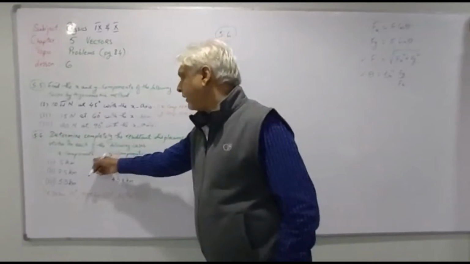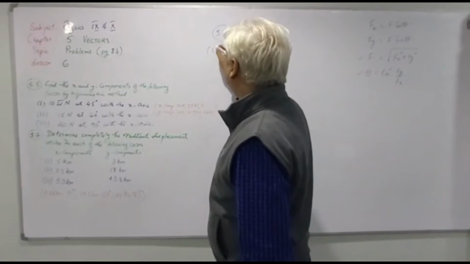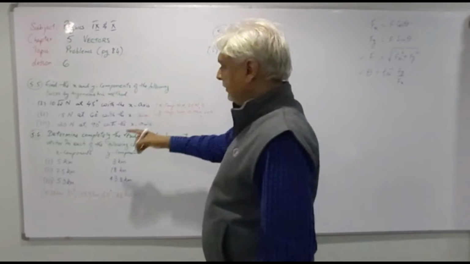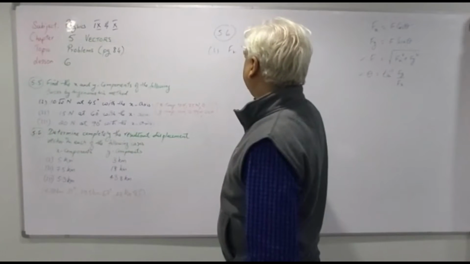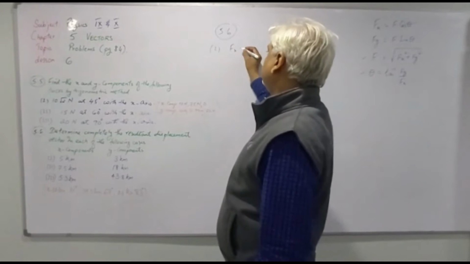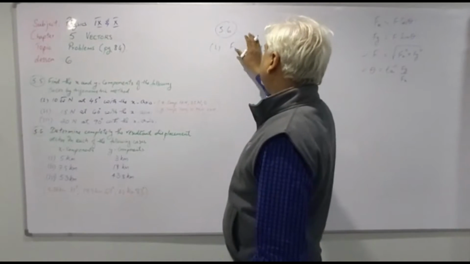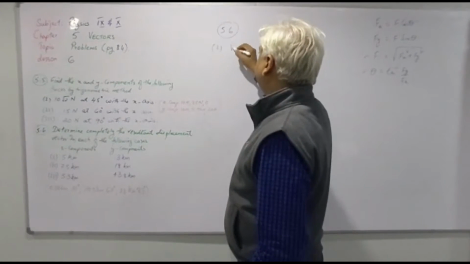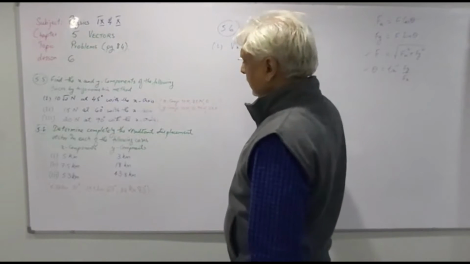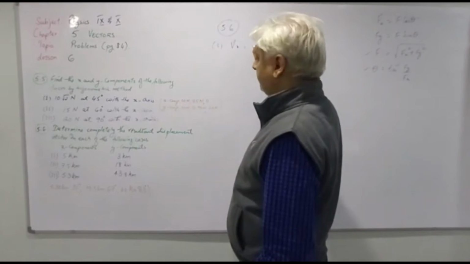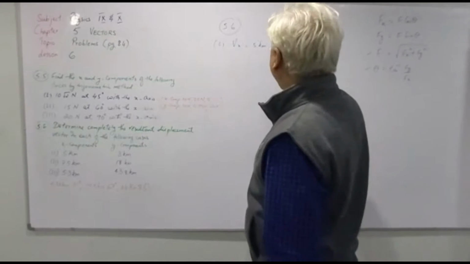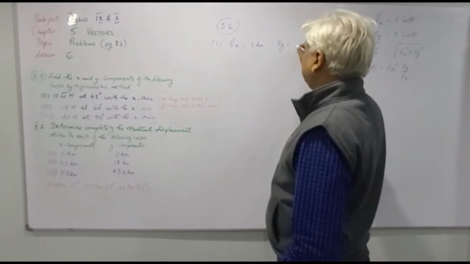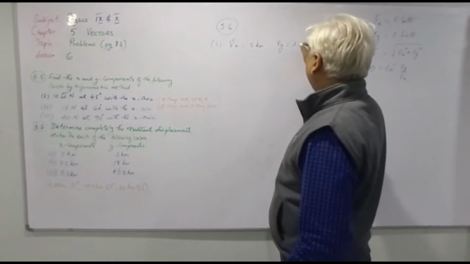For part 1 of 5.6, you're given the x component, vector Fx. We can write F for force, but let's not confuse it, so I'll put Vx, vector x. Vx is equal to 5 kilometers, and the y component Vy is equal to 3 kilometers.